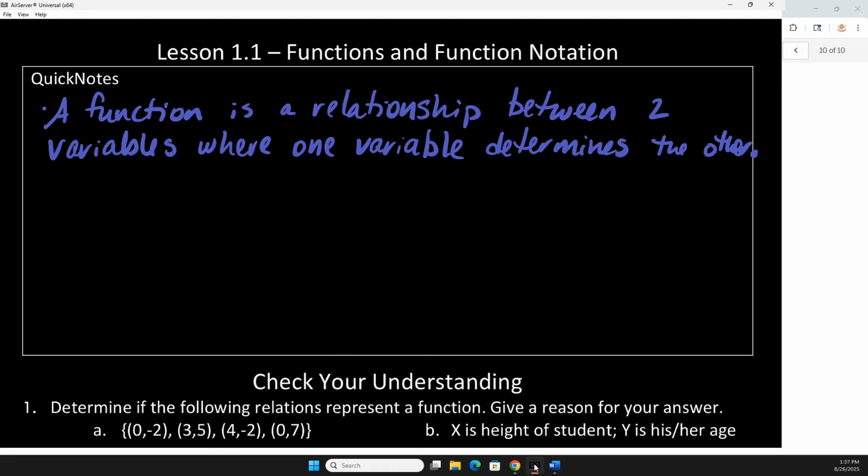Okay, so we're going to write that f of x equals y. And so we said a function is where one variable determines the other. So if we're talking about x and y, which one of those determines the other? Does X determine Y or does Y determine X? X determines Y. So X is what is called the independent variable.